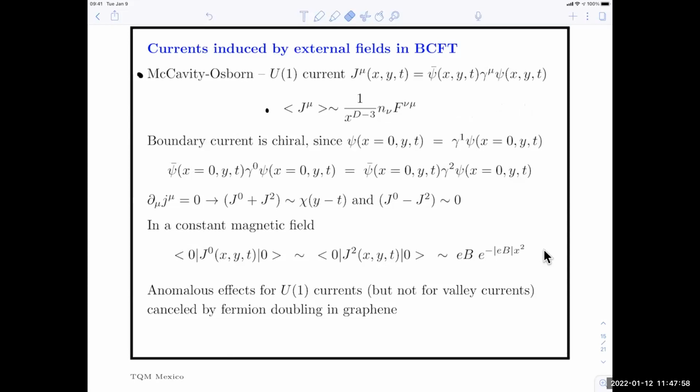And that would seem to mean that the influence of the boundary doesn't go away as you go away from the boundary. And there's something wrong with that. That would mean that somehow very far from the boundary in a sheet of graphene, you should still see some vestige of this current. In real graphene, there's some anomaly cancellation, so there'd have to be a valley current, but still, it has that rather nonsensical aspect to it.